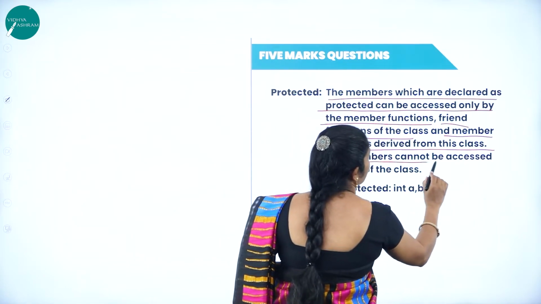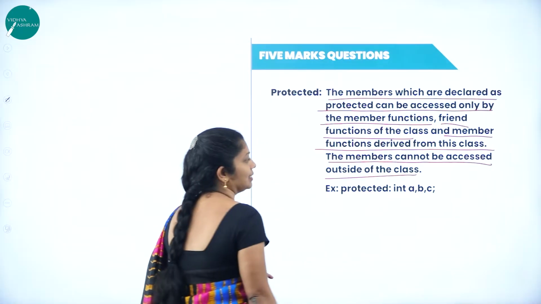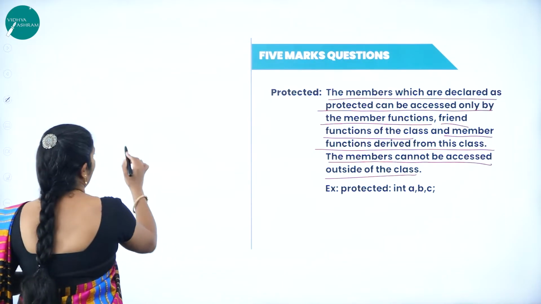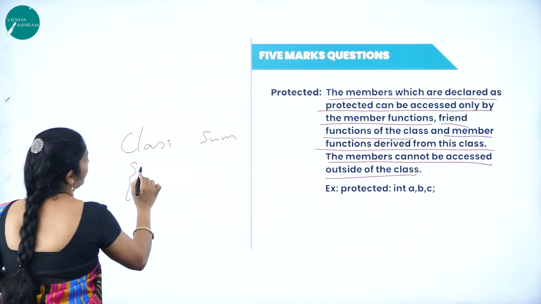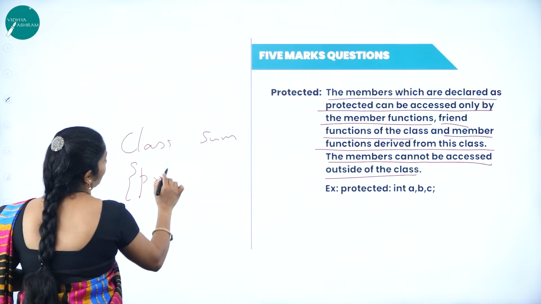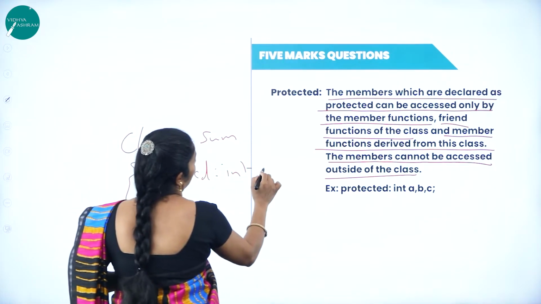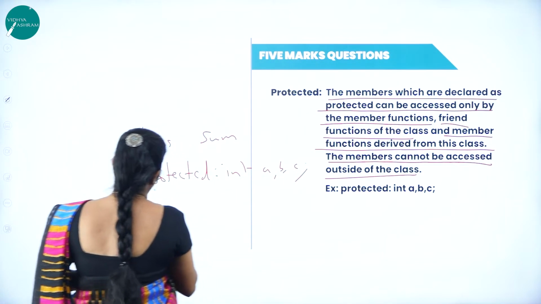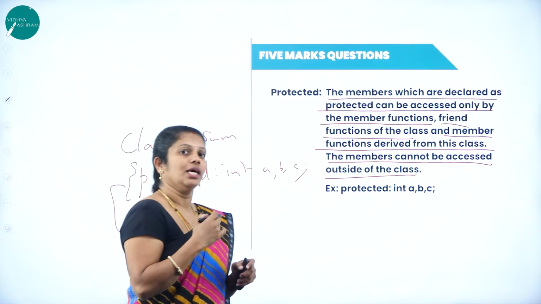The members cannot be accessed outside the class. Here, for example, class sum, where sum is the class name. Here you have to write protected. Then here you have data members, for example int a, b, c. Then here you have to close the class. Like this we can close the protected.